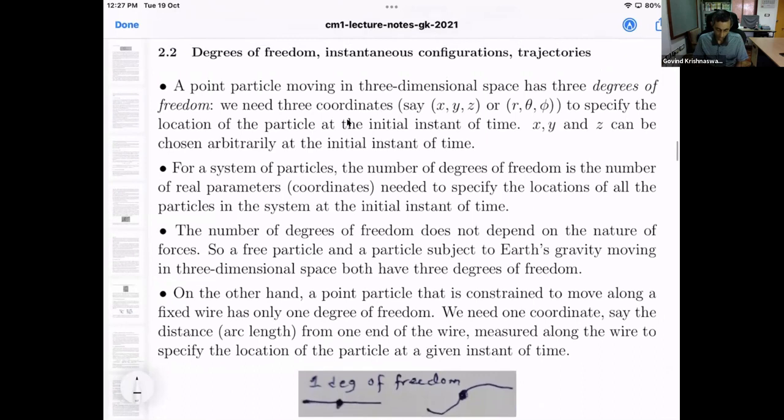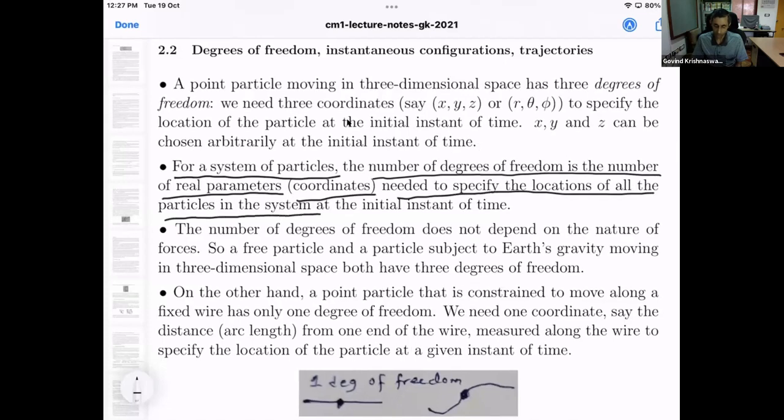For a system of particles, the number of degrees of freedom is the number of real parameters, also called coordinates, needed to specify the locations of all the particles in the system, let us say at the initial instant of time.